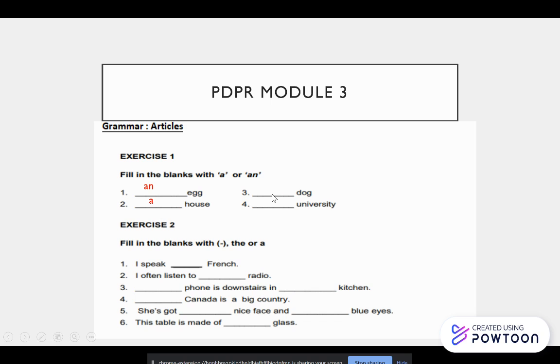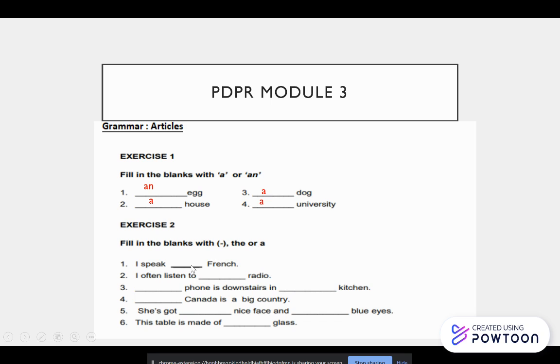It's a singular countable noun. A dog. A university. University, because the sound is like university, so it sounds like a Y. So because of that, it becomes an a article, right?